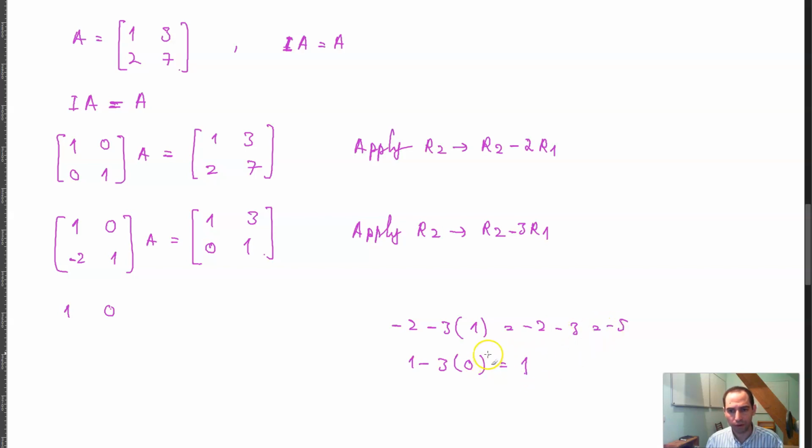So you have negative 5 and 1 times A is equal to R2 minus 3 times R1. So R1 remains the same, 1, 3, and 0 minus 3 times 1, it's negative 3, and 1 minus 3 times 3, that's negative 9 plus negative 8.